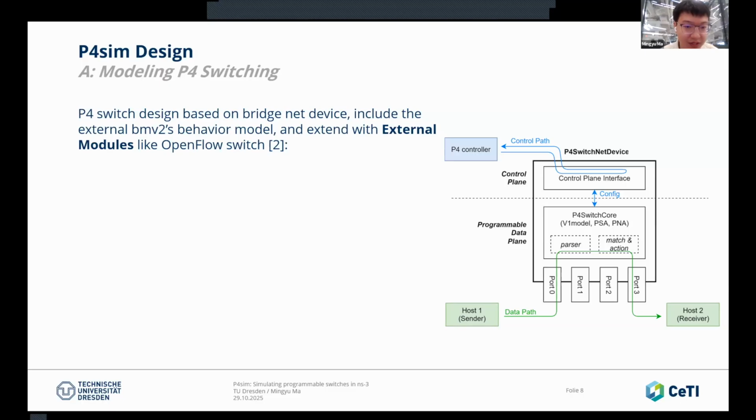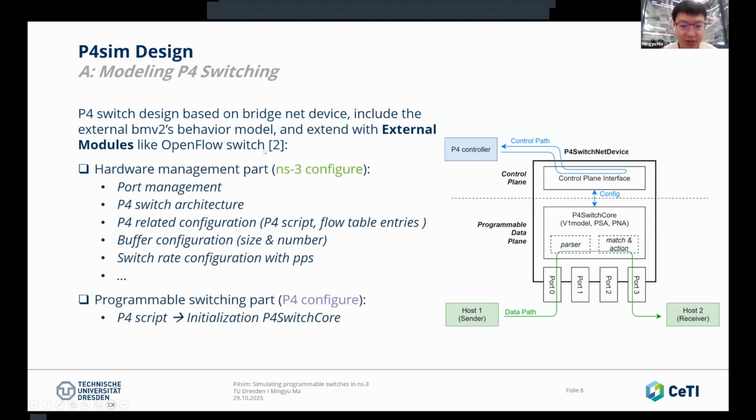For the design, we use the bridge net device in ns-3 and include the external BMv2 behavior model, like the parsing or match action area, and then extend it like the OpenFlow work done before in the ns-3 simulator. We have the hardware management part, which is configured by ns-3, like the ports, switch architecture, related configuration, buffers in the switch, or the switch rate configuration, like packets per second.